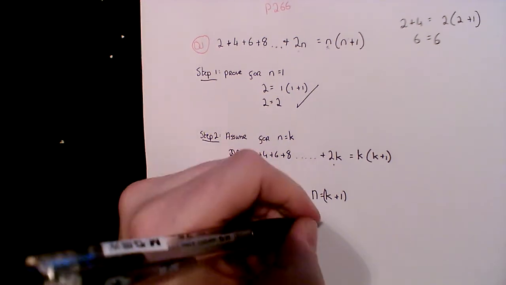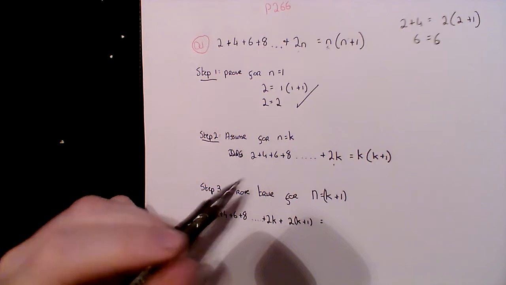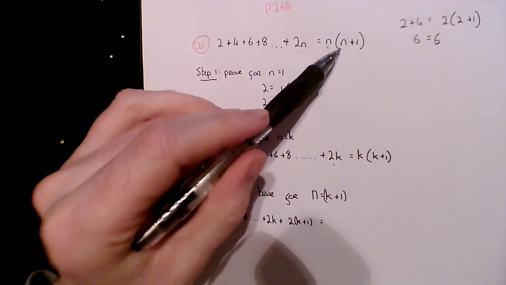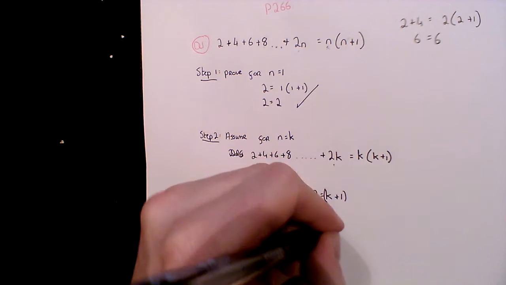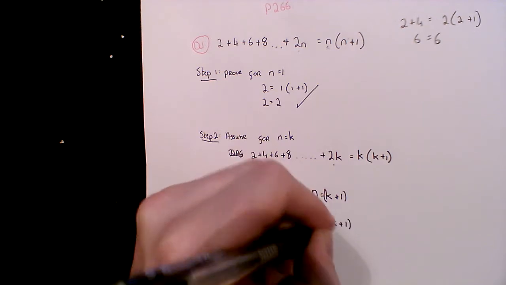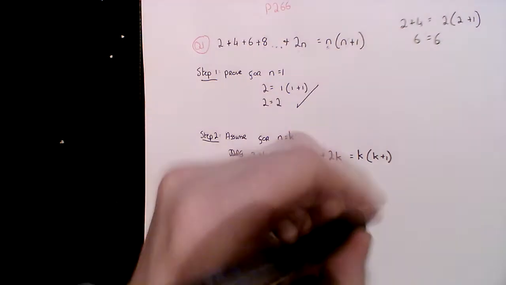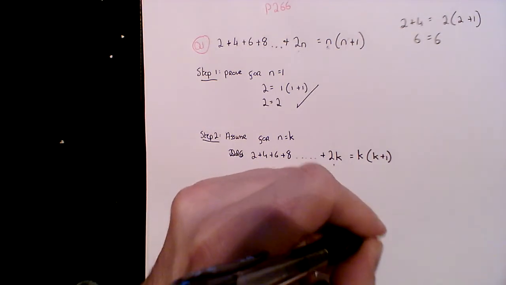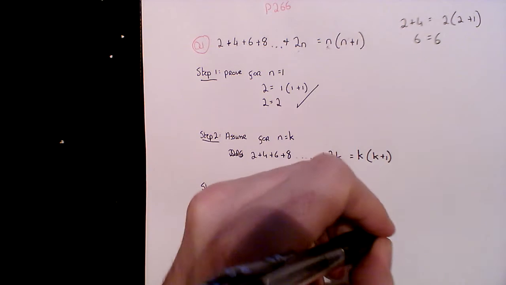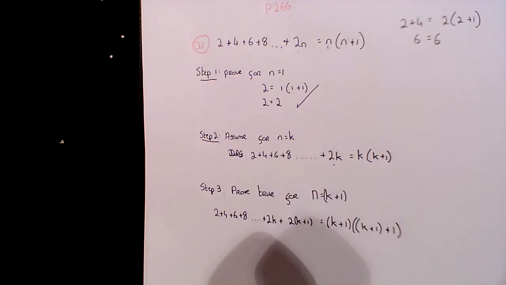And that would be equal to, anywhere I see n here, I'll put in k plus 1. So we have k plus 1 replaces that in. Another bracket, k plus 1 will replace that in, and we have a plus 1, so I'm going to just put it all in brackets.